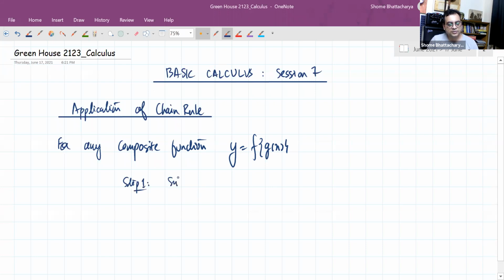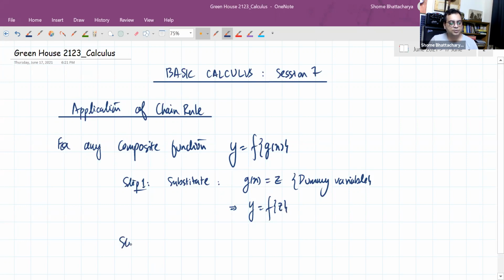Step 1 was that we substitute and introduce a dummy variable. So substitute g(x) as z, let's say, or any variable. That becomes our dummy variable, which we'll have to later resubstitute. But the moment we define g(x) as z, y becomes a direct function of z, which becomes very simple.